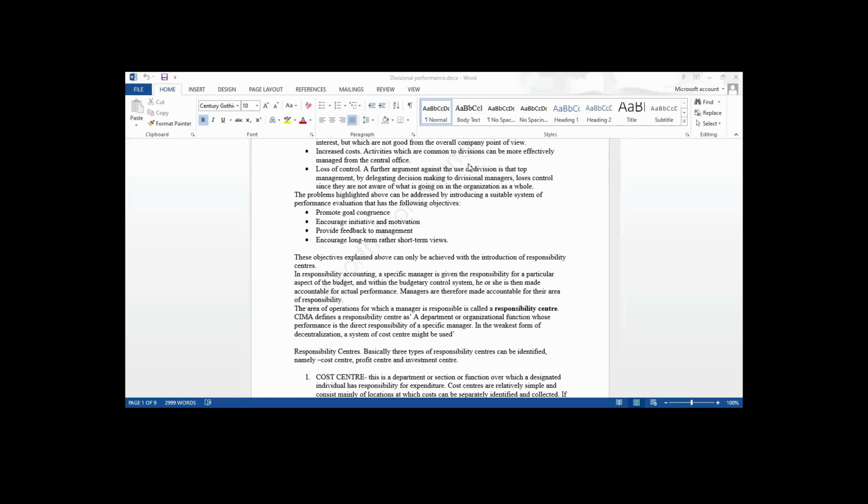Let's continue. So in responsibility accounting, a specific manager is given the responsibility for a particular aspect of the budget. And within the budgetary control system, he or she is then made accountable for that actual performance.